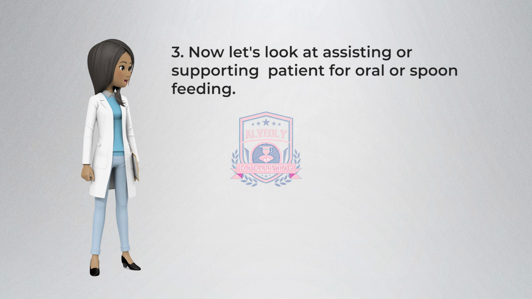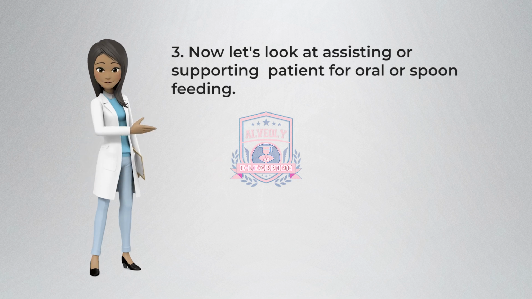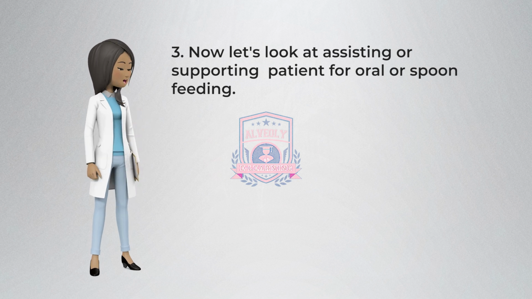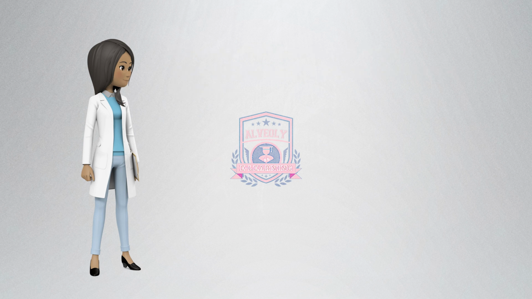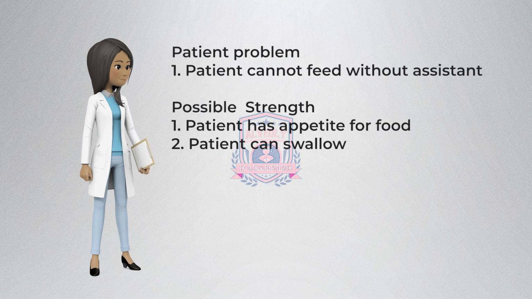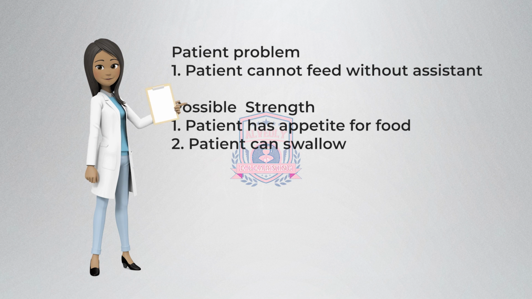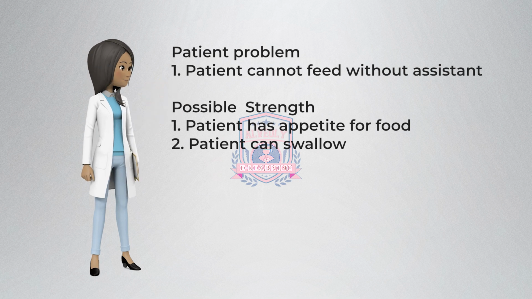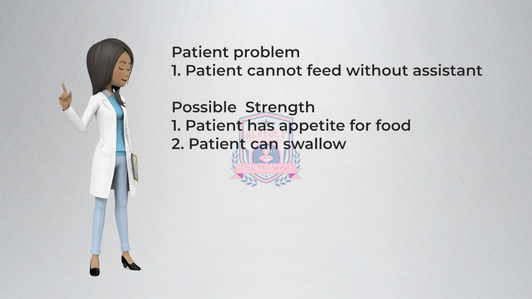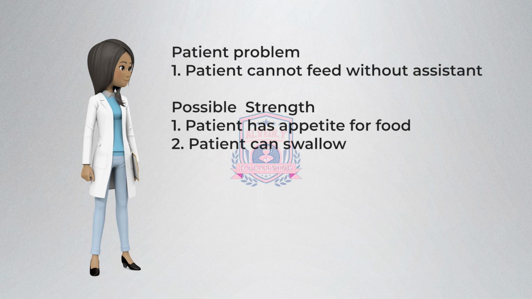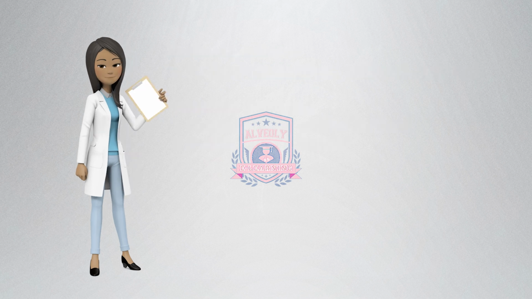3. Now let's look at assisting or supporting patient for oral or spoon feeding. Patient problem. 1. Patient cannot feed without assistance. Possible strength. 1. Patient has appetite for food. 2. Patient can swallow.